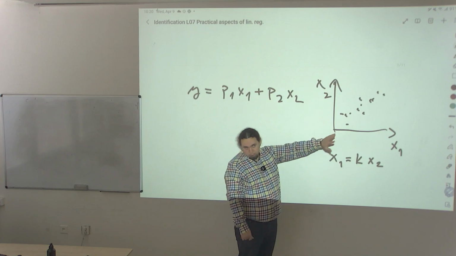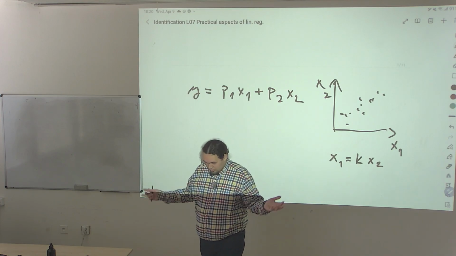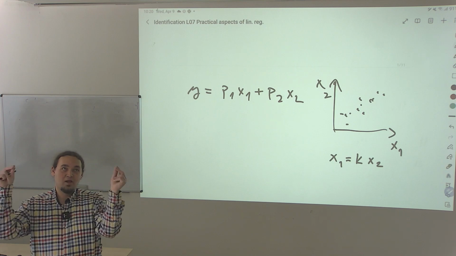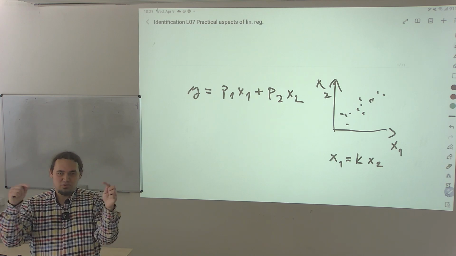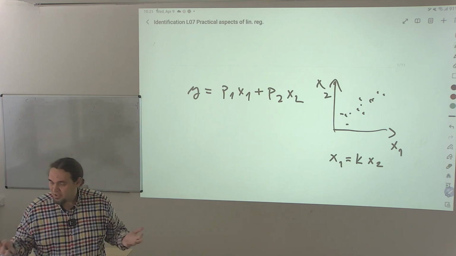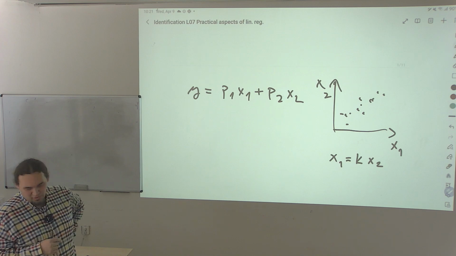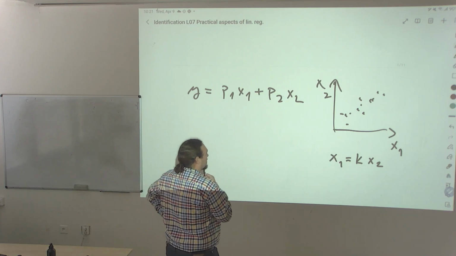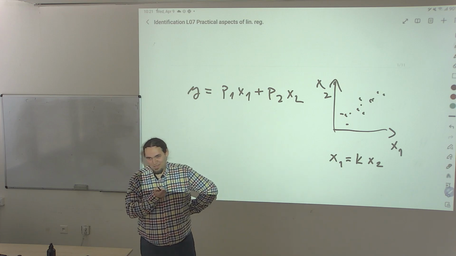This can be a natural phenomenon, like the two temperatures at the distillation column at the stages or trays which are close to each other. They would be very much correlated. Or it can be also a problem of experimentation.